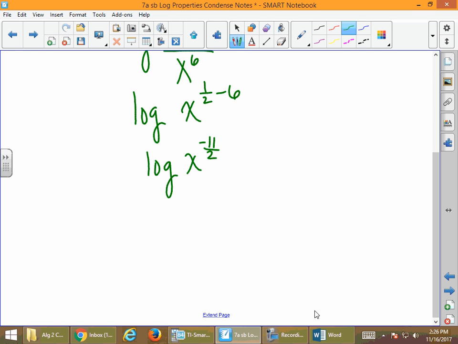And to finish, we're going to use the power property here. What the power property says is we can take this value and write it as a coefficient. If you look back at the directions, it does say that we want to express all powers as factors. So negative 11/2 times log of x.